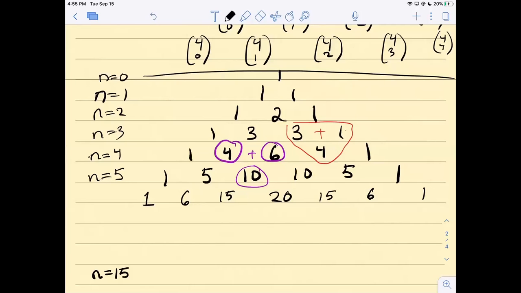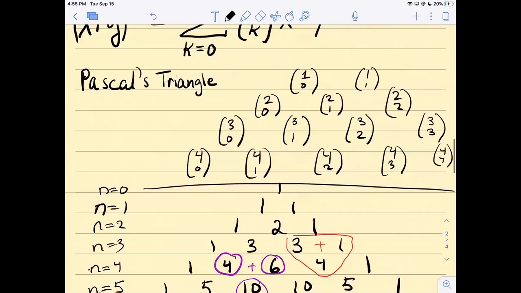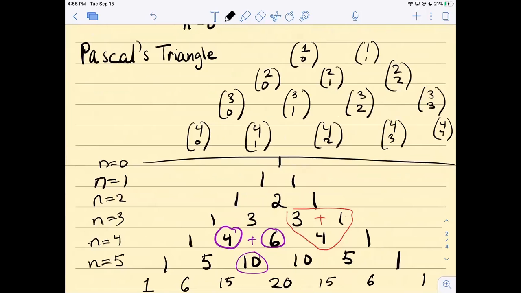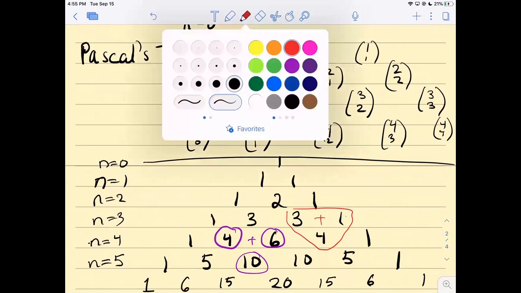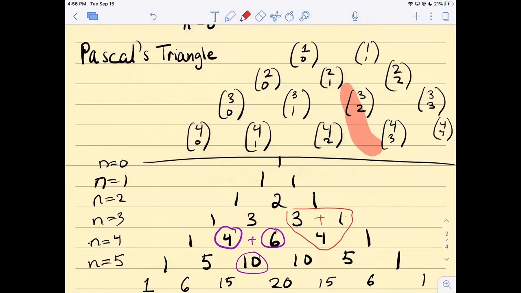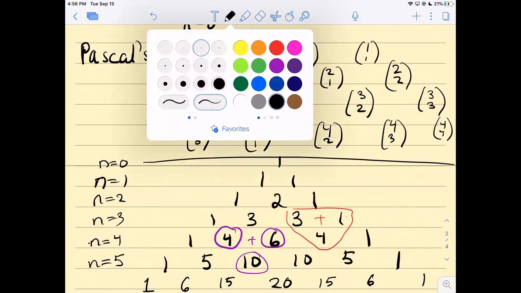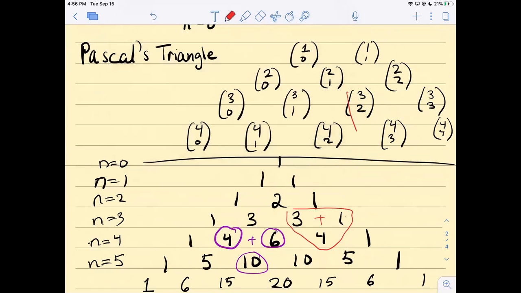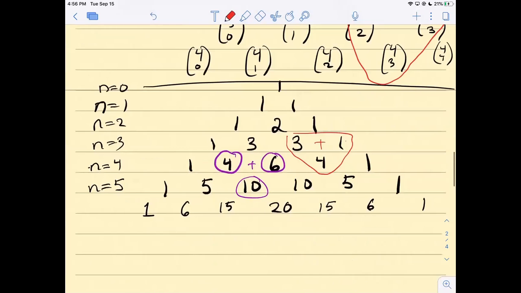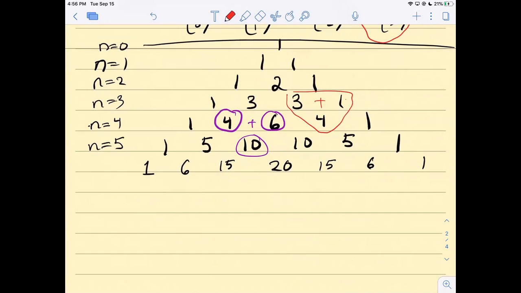question: let's use combinations to express what we did. It was like we did this one. So let's write it in terms of combinations. So the question is, why is there this property? So this one was 3.